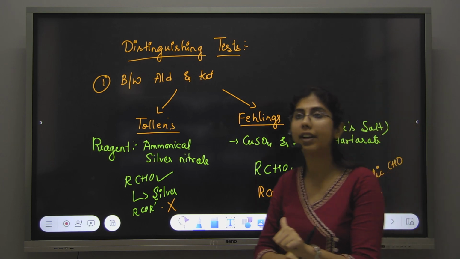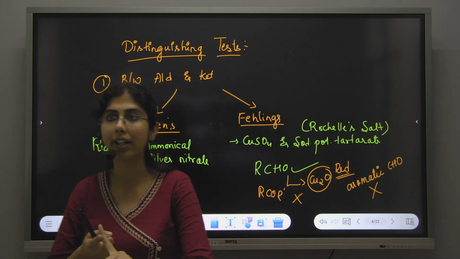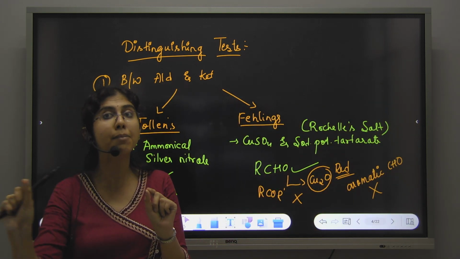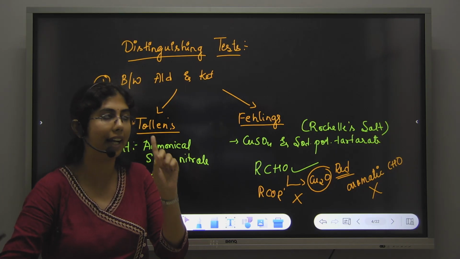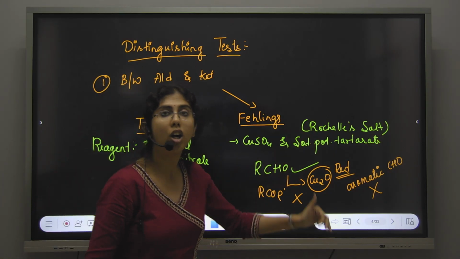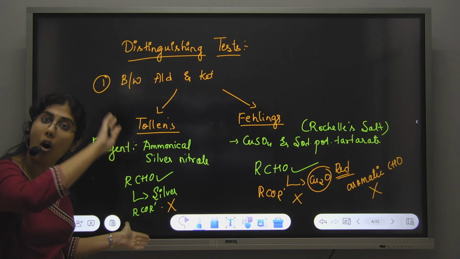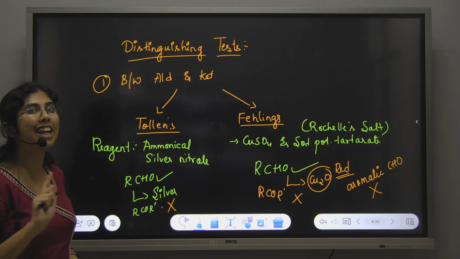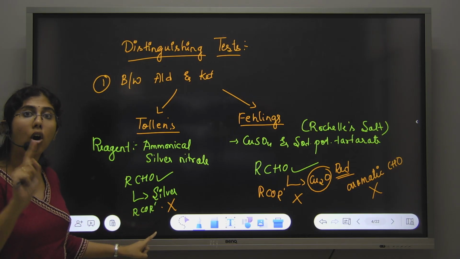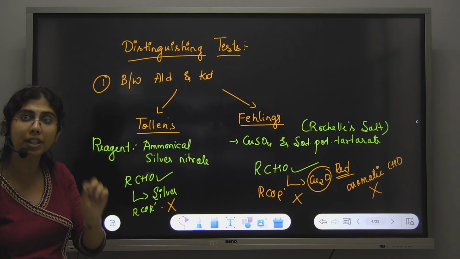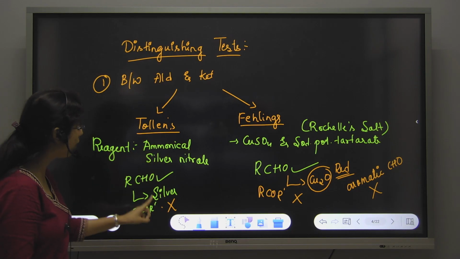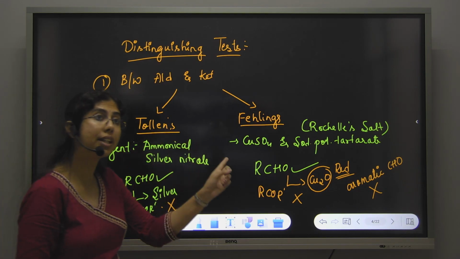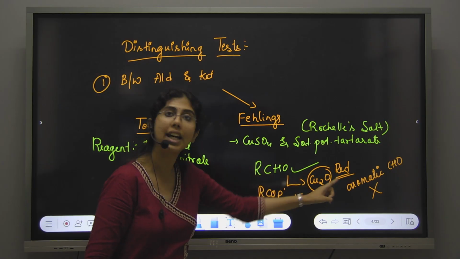Ketone will not give Fehling's, aromatic aldehyde will not give Fehling's, and only simple, aliphatic aldehydes will give Fehling's test. Who gives Tollens test? All kinds of aldehyde will give Tollens test, but ketone will not. If something is giving Tollens test you will see silver color, and if something is giving Fehling's test you will see a red precipitate.